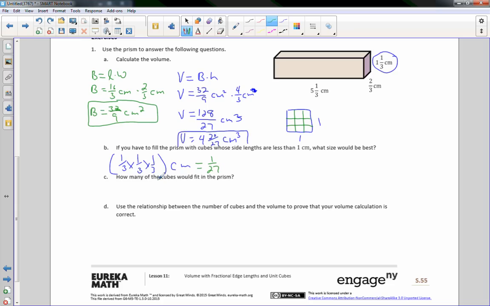So I take 27 cubes to fill up this area. So if I take my volume, which is 128 over 27, and I multiply that by 27 per cubic unit, then the 27s cancel and I get 128 cubes will fit if they're 1/3 cubes. Use the relationship between the number of cubes and the volume to prove that your volume calculation is correct.